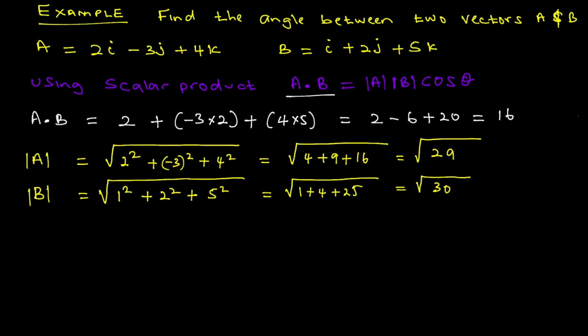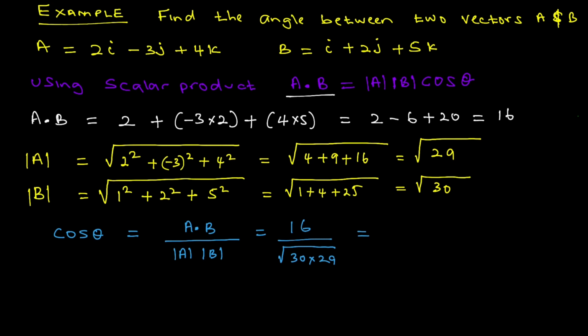So if we rearrange this equation, cos theta will be equal to A dot B divided by modulus of A times modulus of B, and that will be 16 divided by root 29 times root 30, so root 30 times 29.